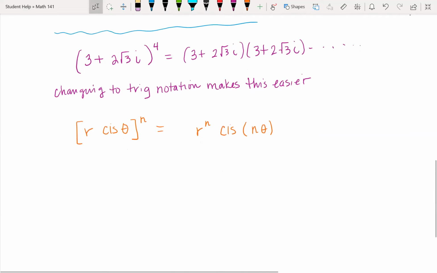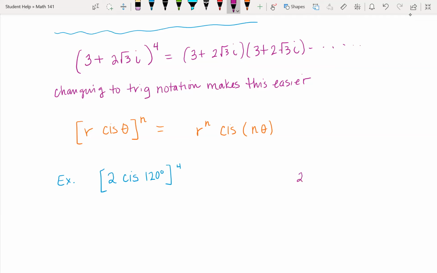So let's do an example. Let's look at 2 cis 120 degrees raised up to the 4th power. If we were to think about this in its imaginary format, it would be, let's see, 2 cosine of 120 degrees is -1/2, and sine of 120 degrees is square root of 3/2.